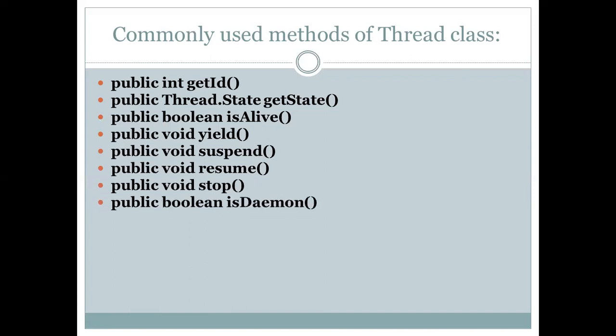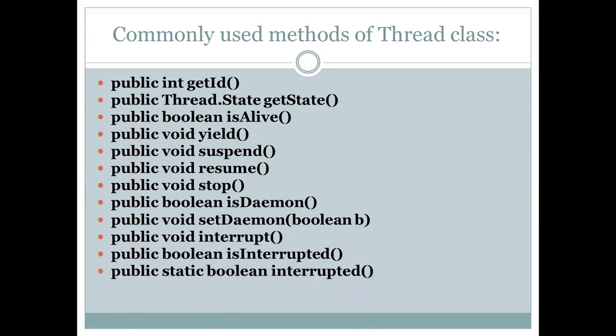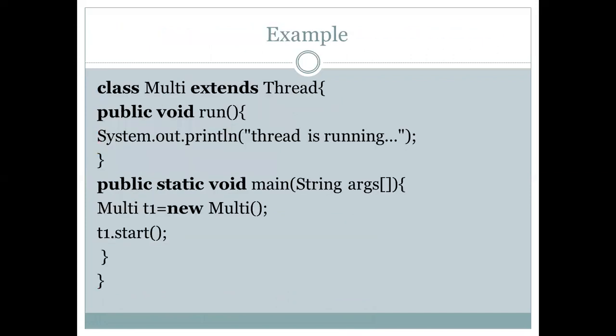The isDaemon method will check whether the thread is a daemon. setDaemon will make the thread a daemon thread. interrupt will interrupt the thread. isInterrupted will check whether the thread is interrupted. interrupted will check if the current thread is interrupted.